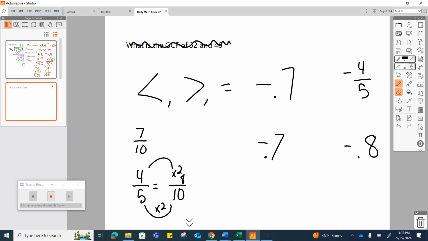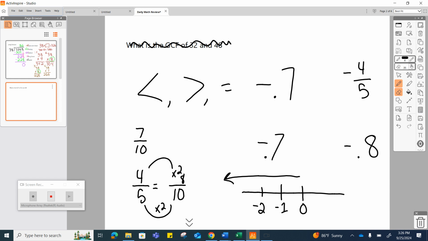And while positive 8/10 would be greater than positive 7/10, think about a number line. Here's 0. Here's negative 1. As our digit value increases, we move farther to the left on the number line.